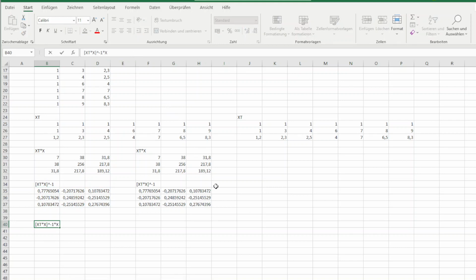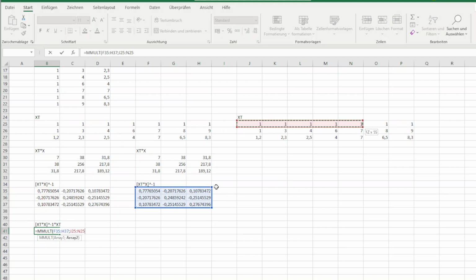Times xt, oh sorry, times xt, yep. So is mult of our inverse function, semicolon, times our transposed matrix.